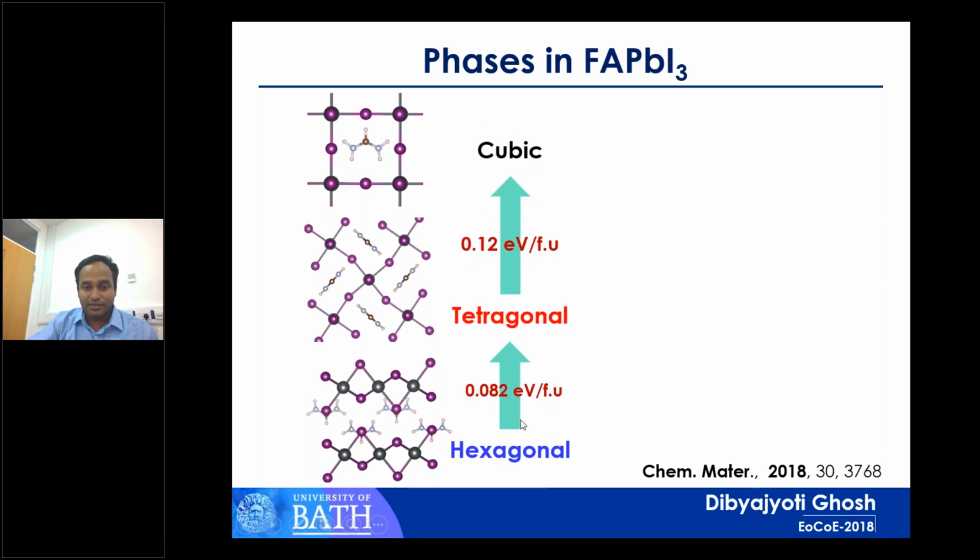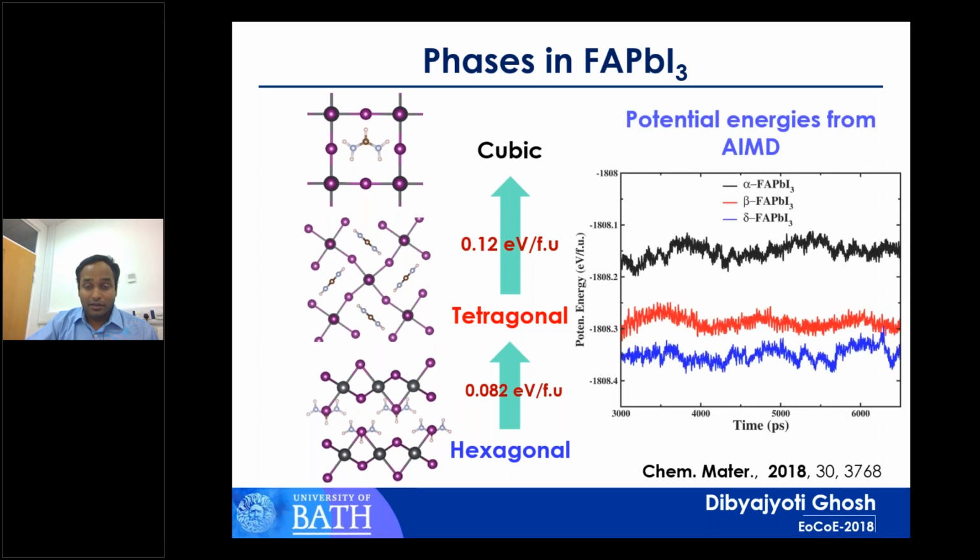And here are the energy values, how much they are stabilized or destabilized relative to other phases. These particular values we got from static calculations, that is density functional theory calculations, but we also tried to find out what happens when we do molecular dynamics calculations.